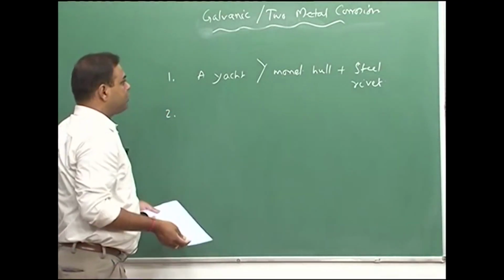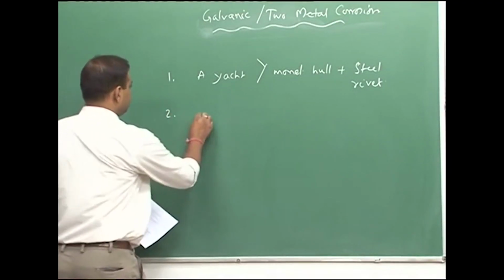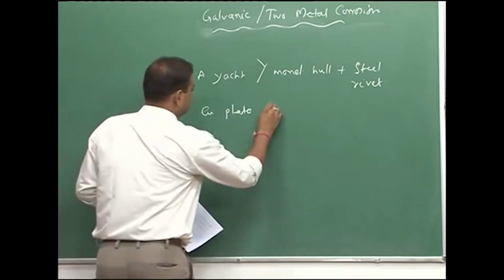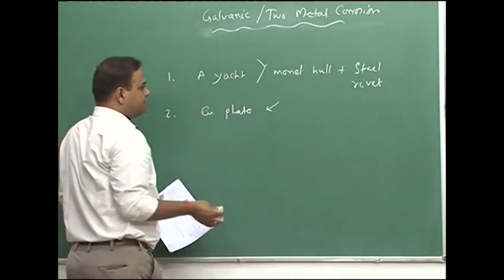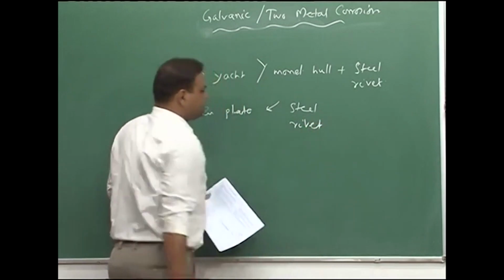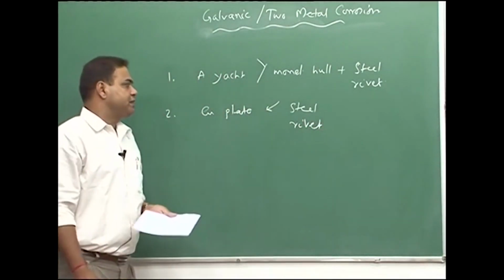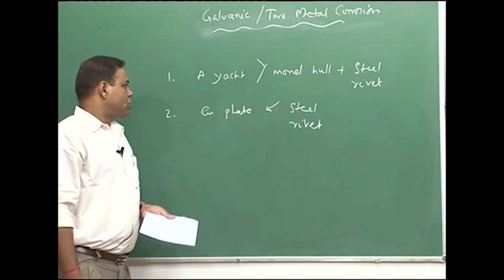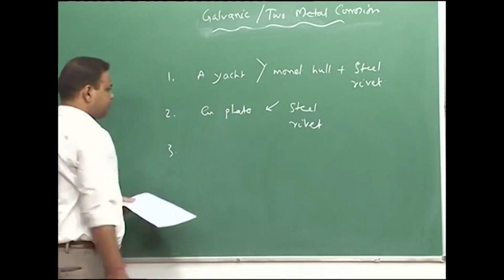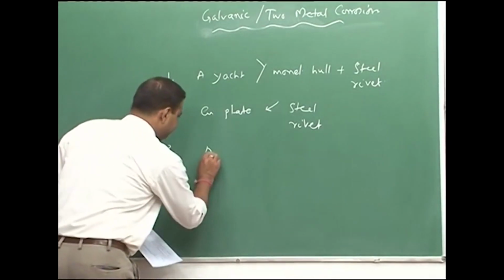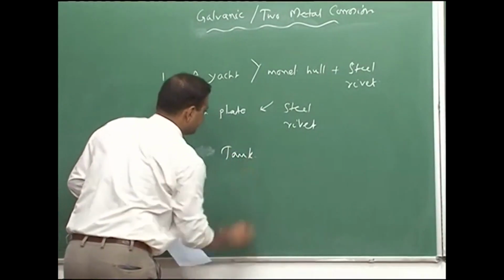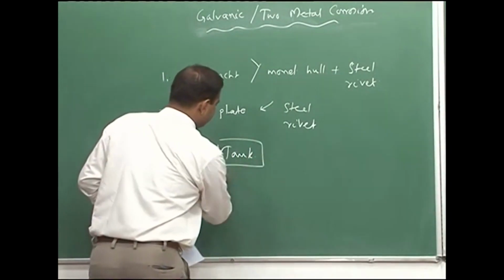Second, in the same way, a copper plate which is fastened with steel rivet or steel bolt is also a very bad practice. The copper plate will lose its strength. Third is an example of a water tank.